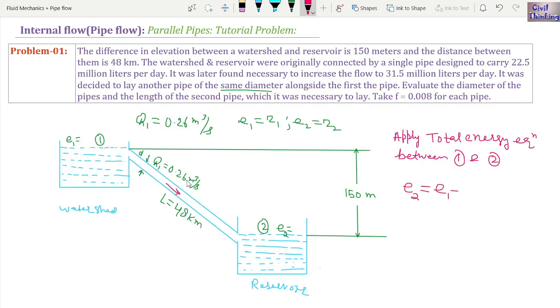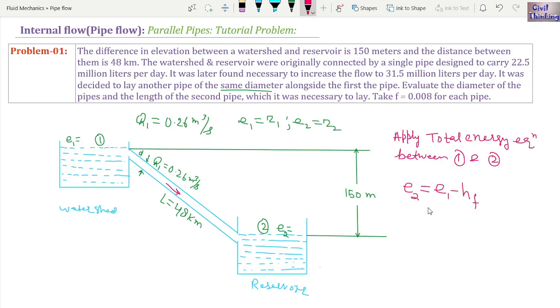Now in the problem, the minor losses are neglected: the losses due to the entry of the pipe or the exit losses are neglected. But we are provided with this: take f equal to 0.008 for each pipe, which is the coefficient of friction. It means we have to consider only the losses due to friction in this pipe. So energy at 2 will be equal to energy at 1 minus head loss due to friction.